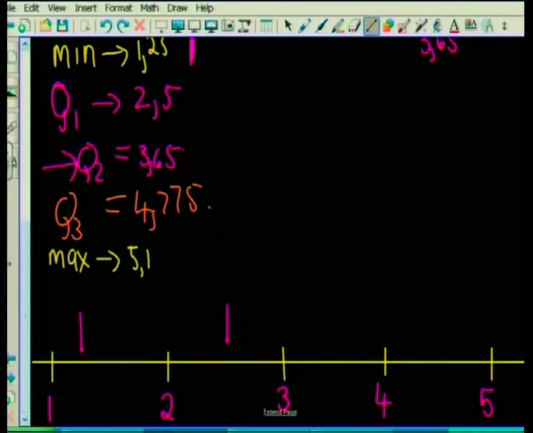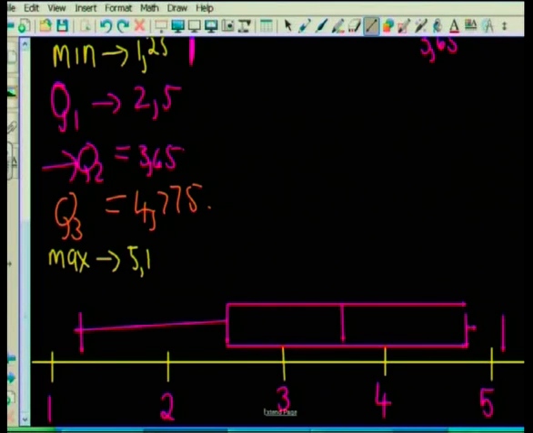So that's a little bit over half here. Just keep it realistic. Q3, 4,7 over here. And let's say 5,1 is over there. Okay, you don't need these arrows. That just happens to be the line that I picked. Then we change the middle lot into a box. And there are our whiskers.